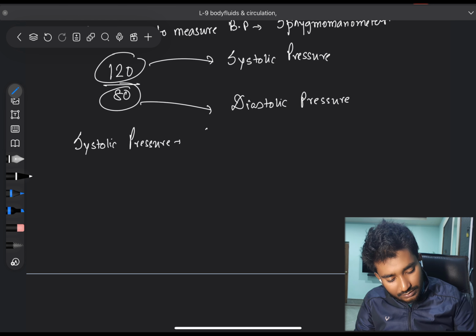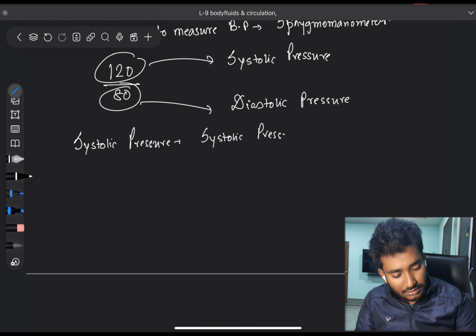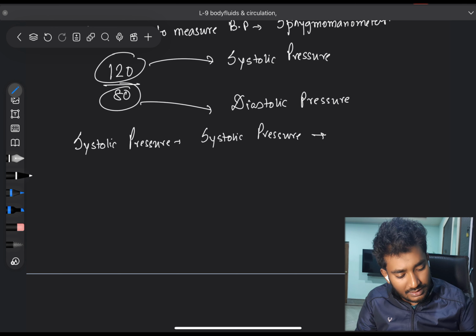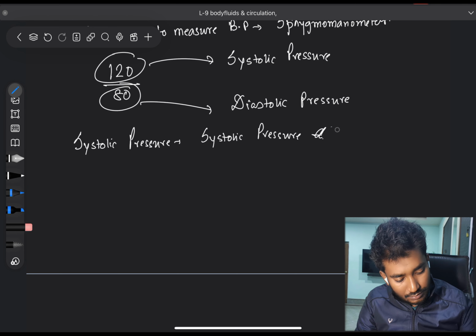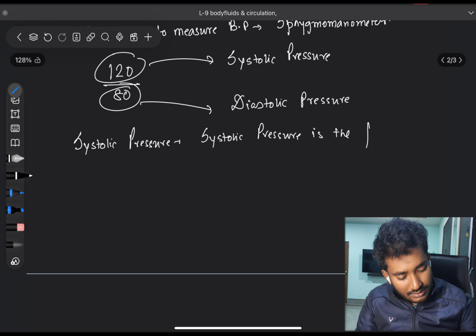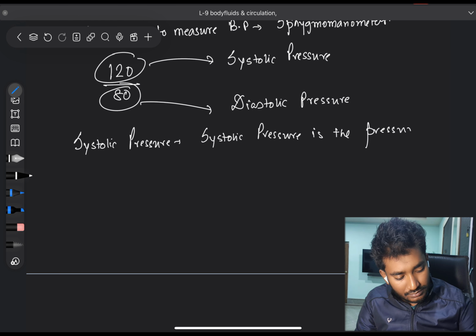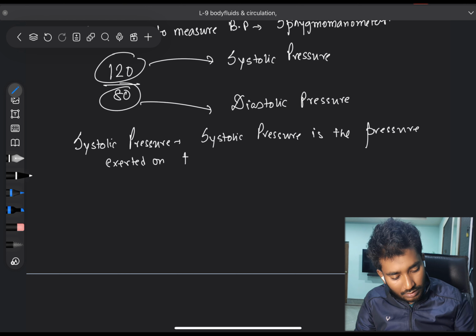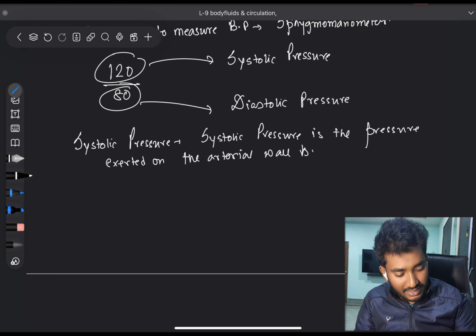Systolic pressure is the pressure exerted on the arterial wall by the ventricles.